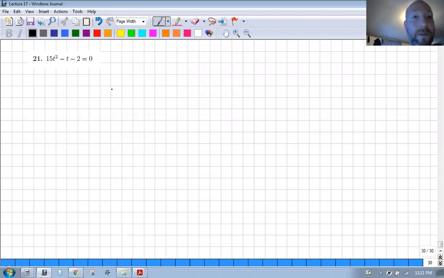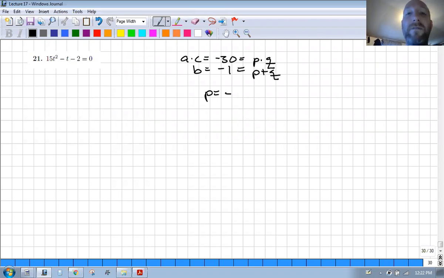All right, this one, it's in standard form. Let's factor it. A times C is negative 30. B is a negative 1. Looking at this, we could do negative 6 and a positive 5. They multiply to give us negative 30 and add to give us negative 1.